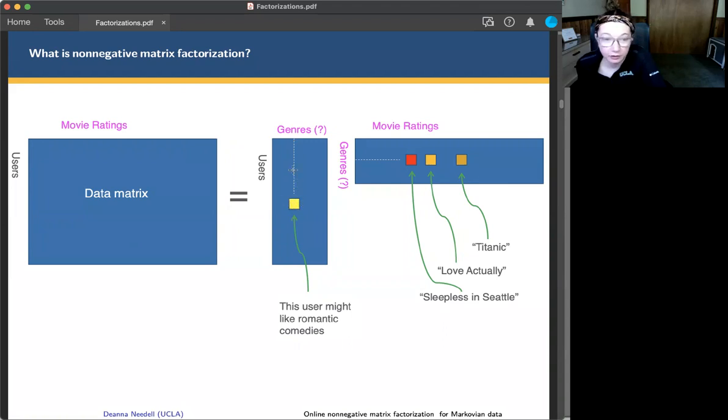Let's look and see what this topic corresponds to. So I look in this factor at that corresponding topic, and I see maybe 3 large entries corresponding to the movies Titanic, Love Actually, Sleepless in Seattle. Looking at these subjectively, I would then think, okay, maybe this topic corresponds to romantic films, and so maybe this user likes romantic films. And so you're piecing these two things together, and this is how you would be able to interpret these topics.